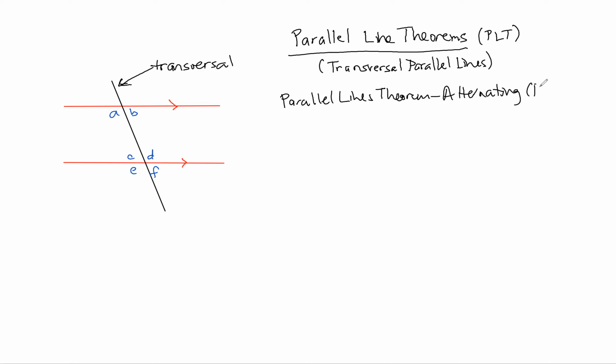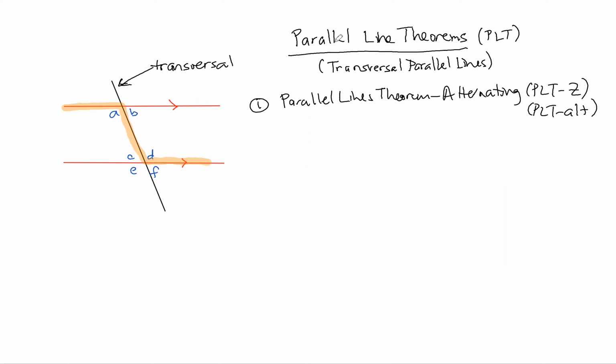Short form is sometimes PLT with a Z or PLT with an ALT, alternating. And that pattern looks like this. So really quickly, in a different color, if I go along this parallel line and then down the transversal and then along a parallel line, it looks like the letter Z.